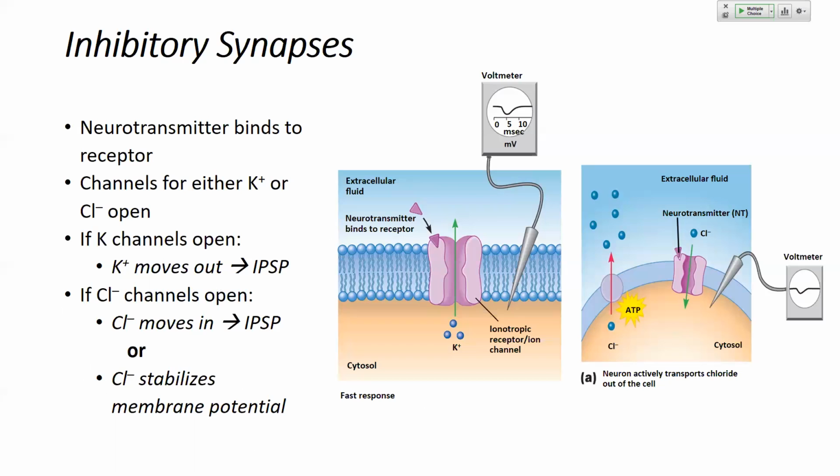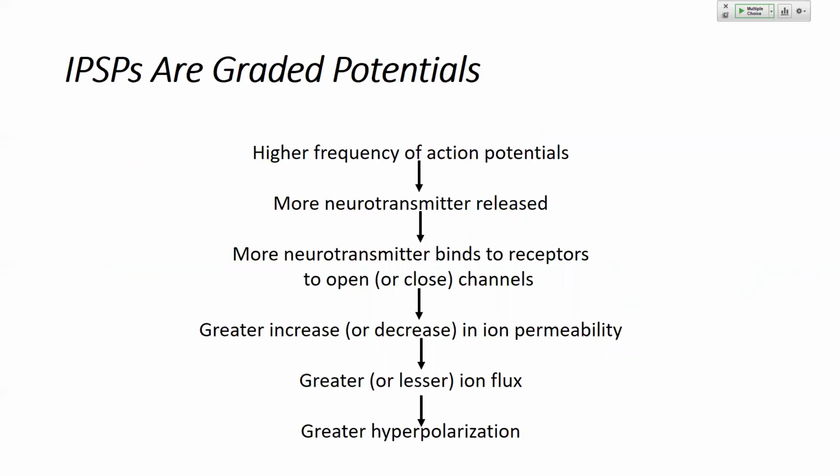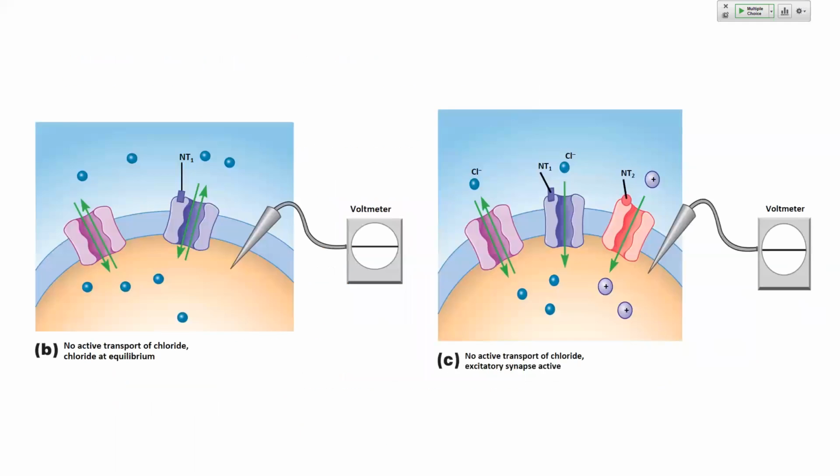So let's talk about what we mean on this slide. Okay, so here, what we see in the image on the left is that there is no active transport of chloride, there's no active channels of chloride open, and so chloride is moving freely and it's at equilibrium here.